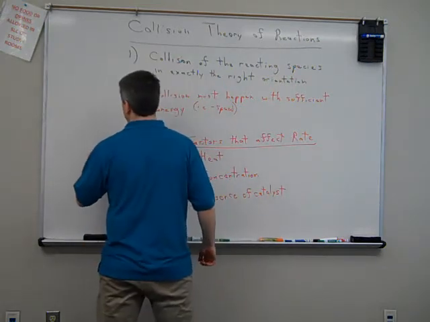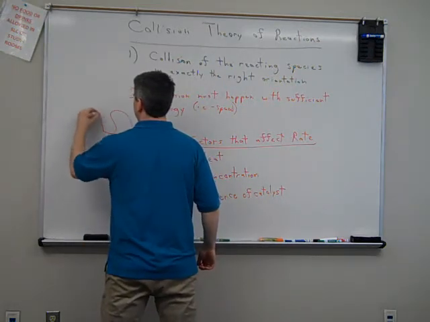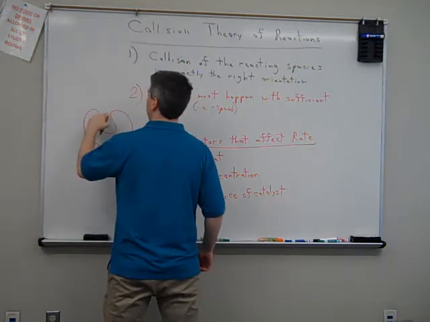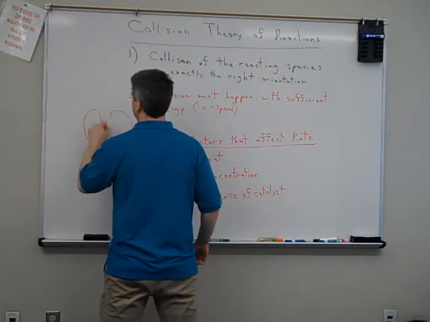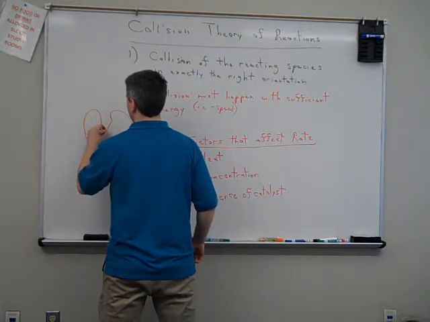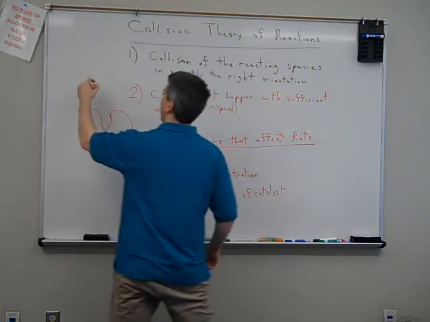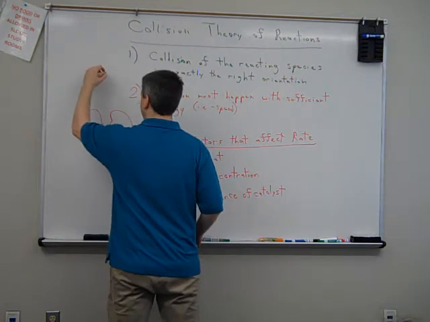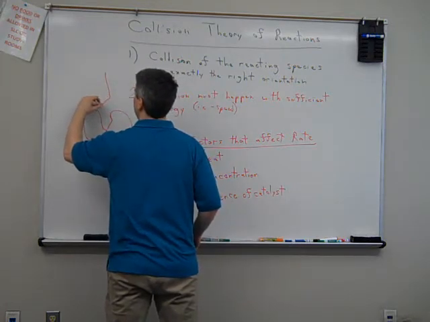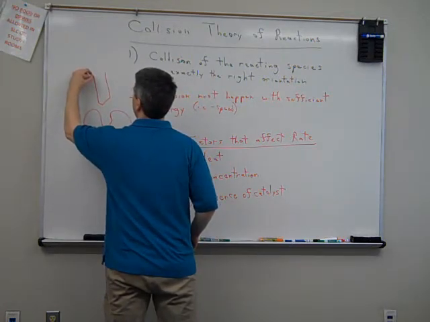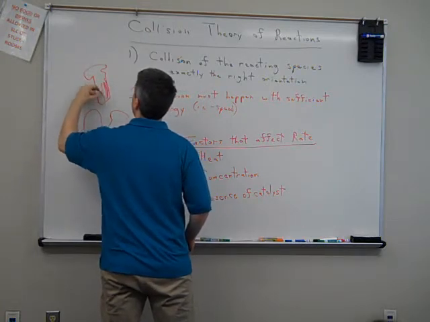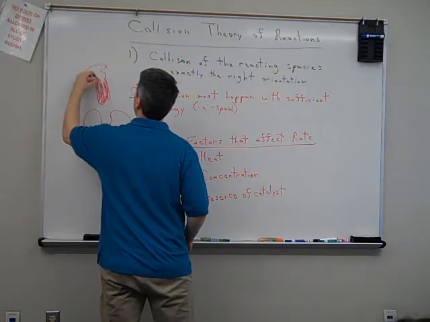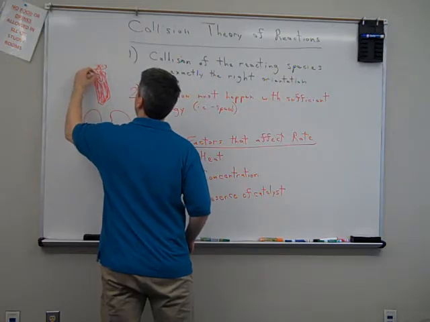So an enzyme is shaped in such a way as to hold a very specific type of substrate. Okay? So if you got a molecule that has this shape, it's going to fit in the enzyme.